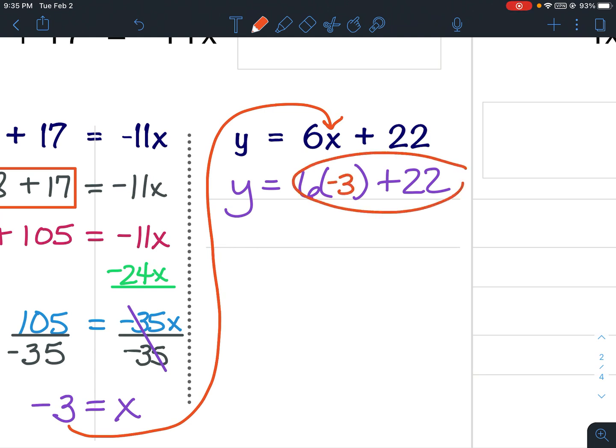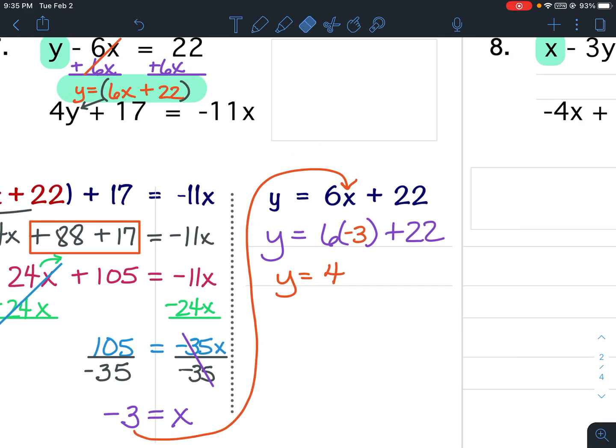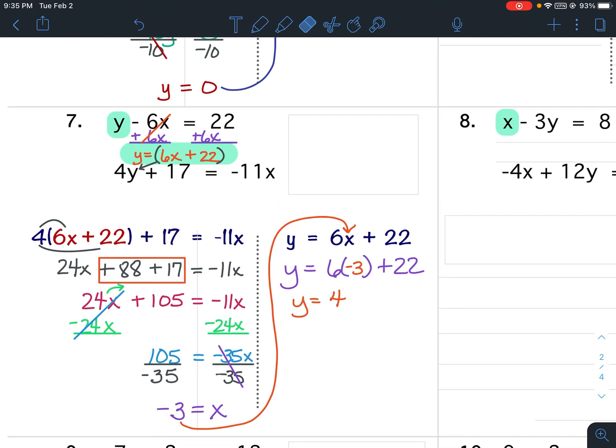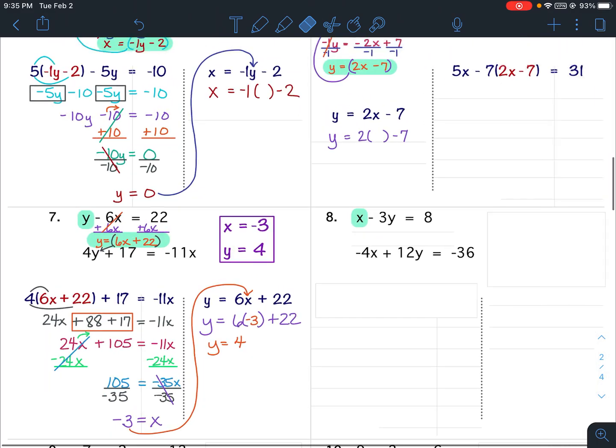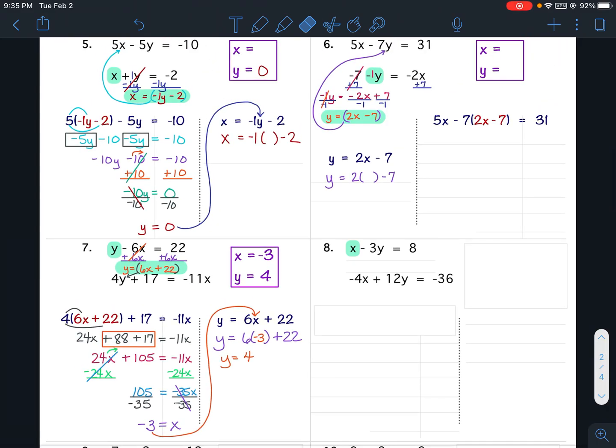All right, so put all of that into your calculator at once. 6 times negative 3 plus 22. If you did that, you would get negative 18 plus 22, which is 4. So my final answer to number 7 is x equals negative 3, y equals 4. And that is it for number 7.